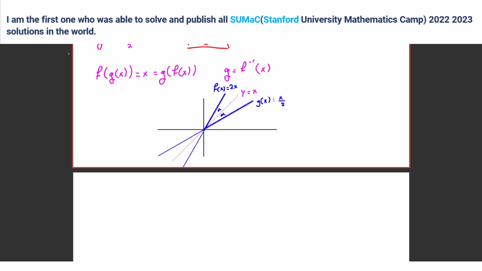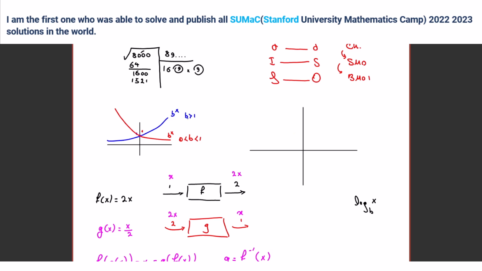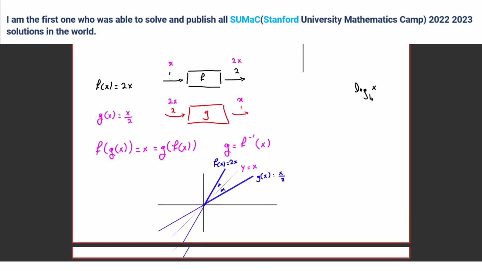Now that you know this, I want to tell you that logarithm and this function are inverse of each other. It means what? Suppose f of x, for example, is 2 to the power of x, okay? And g of x is log x to the base 2. If bases are equal, they are inverse of each other. Let's check.